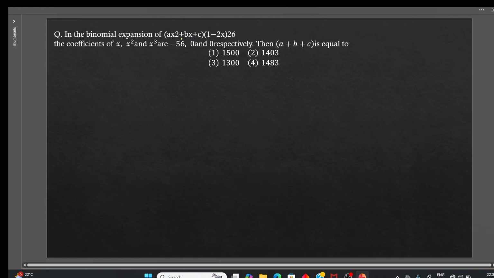Here in the question given, ax square plus bx plus c into 1 minus 2x whole to the power of 26.